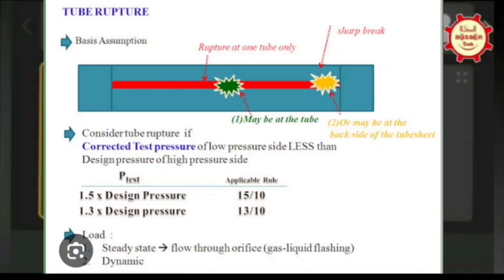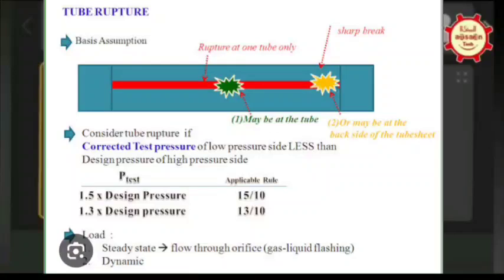So in your case, what are the design pressures? Actually, right now I have no PDS. Yeah, but what is your query? You don't know the 10 by 13 rule, or you want to arrive at some value? No, I don't know about the 10 by 13 rule, whether it is used for design pressure on the tube side or shell side.